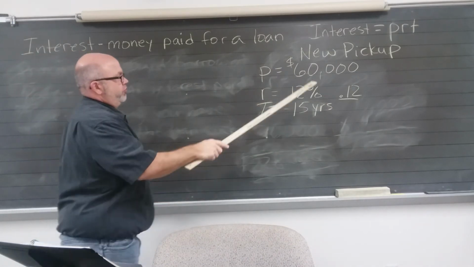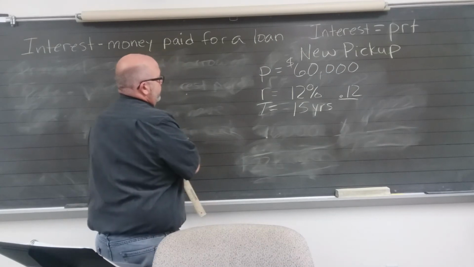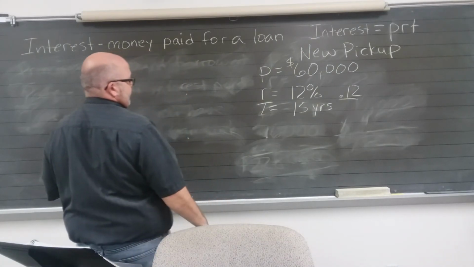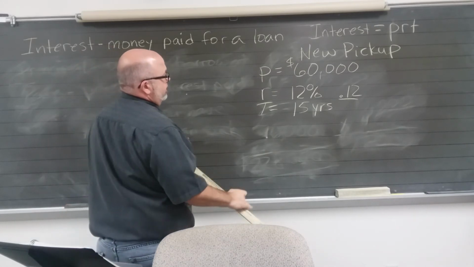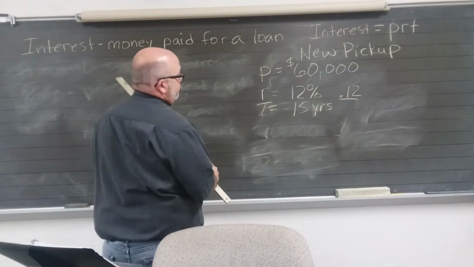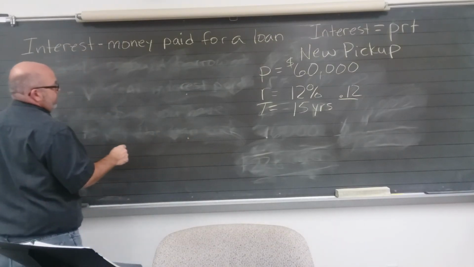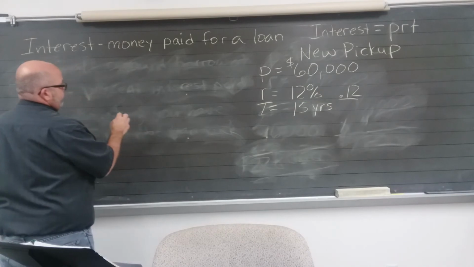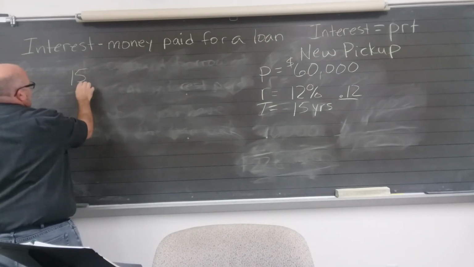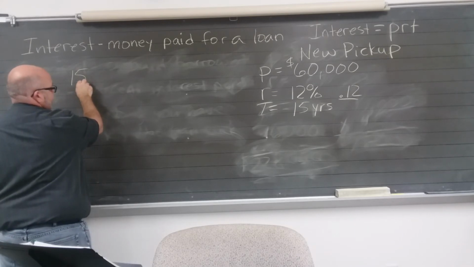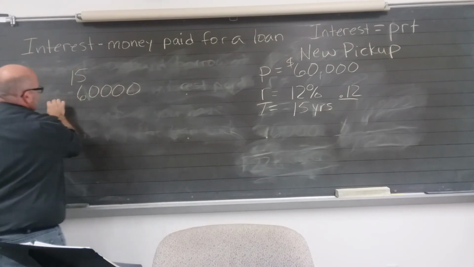So this is a brand new truck. You buy it brand new, you drive it off the lot. It's brand spanking new, right? $60,000 at 12% for 15 years. Again, PRT, principal times rate times time. Any order, let's just do it the same way we did the last time. 15 years, that's your time, times 60,000. Right?